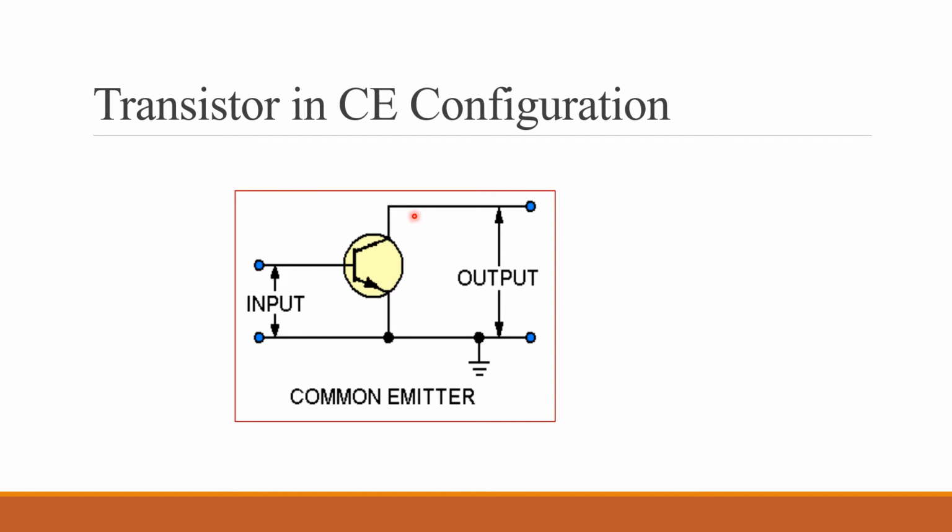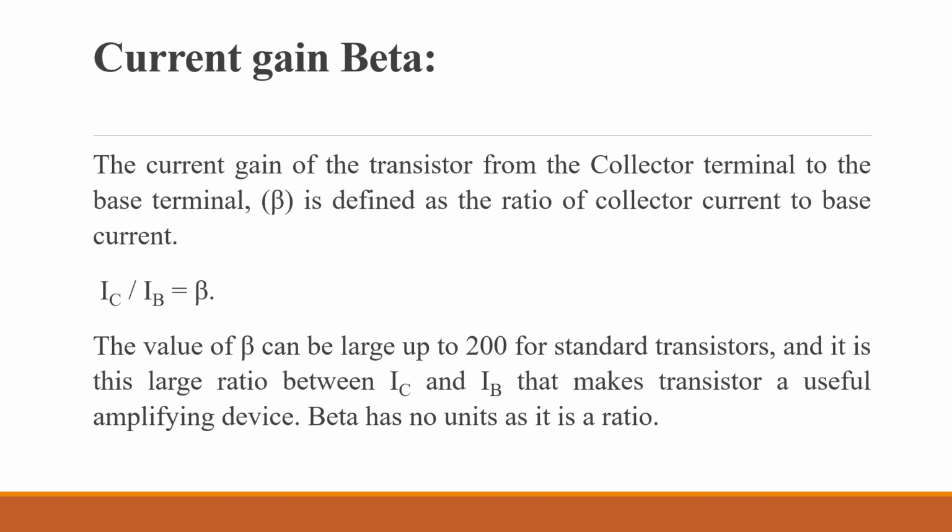The output signal is taken from the collector. The common line is connected to the emitter. This means the emitter is common for input as well as for output. The input impedance will be high, output impedance will be medium, and the gain for this configuration will be very low.